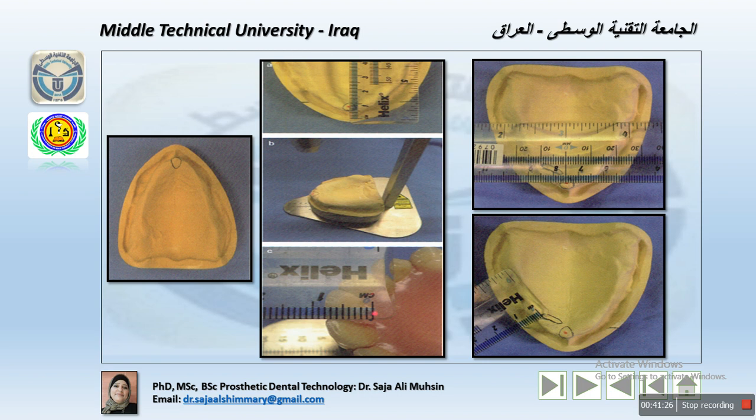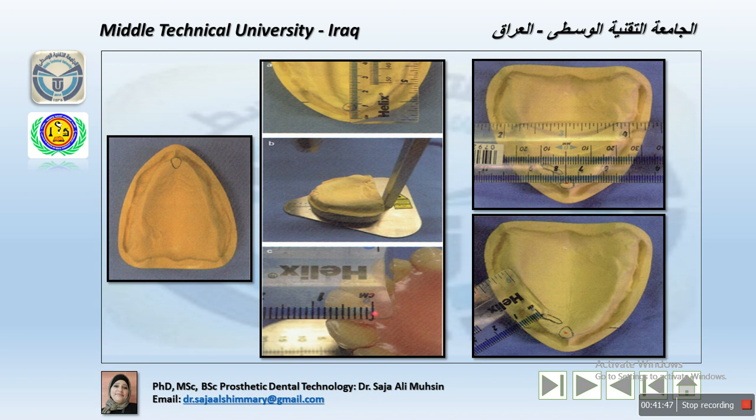Okay. And the position of the canine may also be related to the incisal papilla. Now, the incisal tip should be in line with the center of the incisal papilla. Okay?